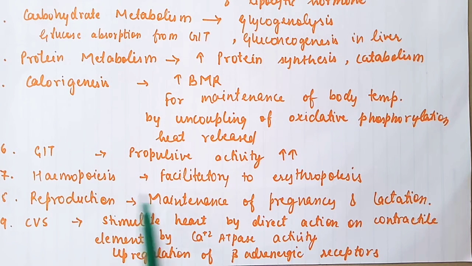In hematopoiesis, they are facilitatory to erythropoiesis; they help in forming RBC. In reproduction, they maintain pregnancy as well as lactation. They stimulate the heart by direct action on the contractile element. By calcium ATPase activity, the contraction takes place, and upregulation of beta-adrenergic receptors is responsible for the stimulation of the contractile element.